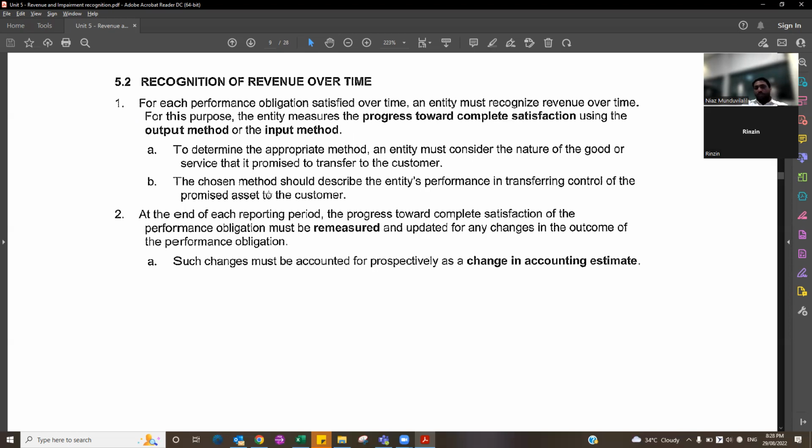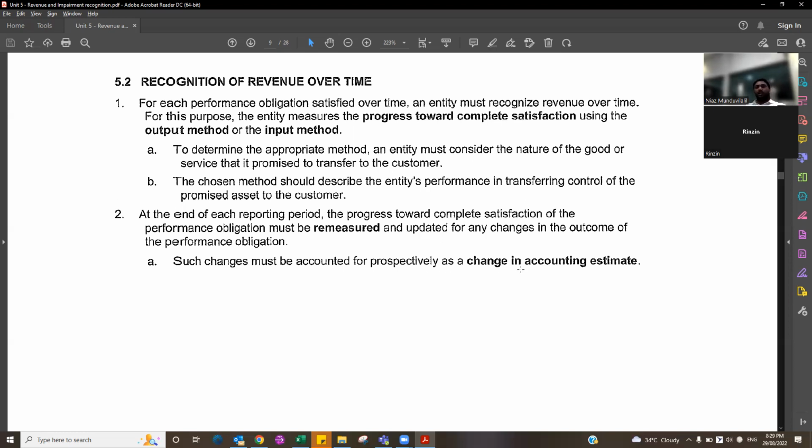The chosen method should describe the entity's performance in transferring control of the promised assets to the customer. At the end of each reporting period, the progress towards complete satisfaction of the performance obligation must be remeasured and updated for any changes in the outcome of the performance obligation. Such changes must be accounted for prospectively as a change in the accounting estimate.